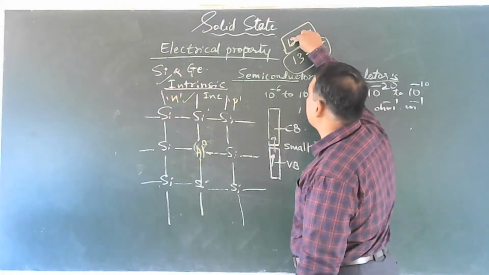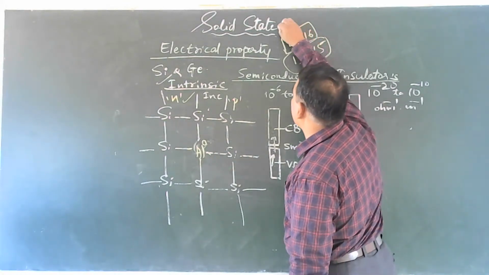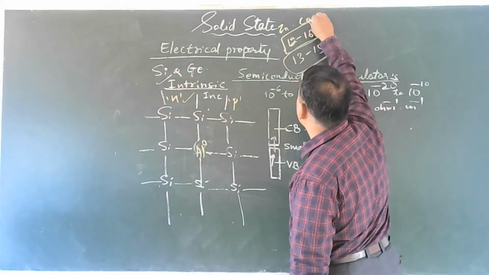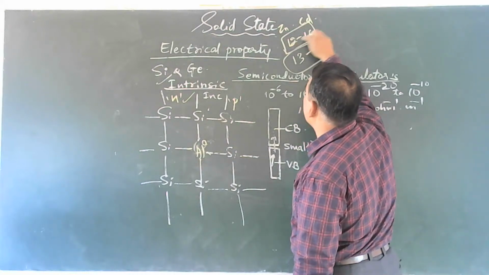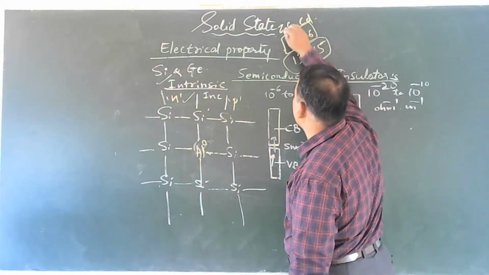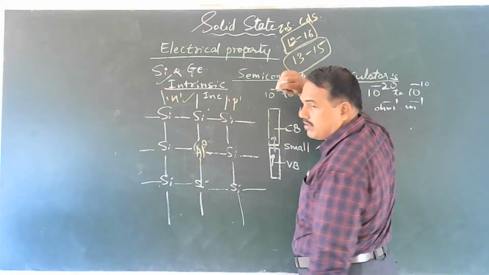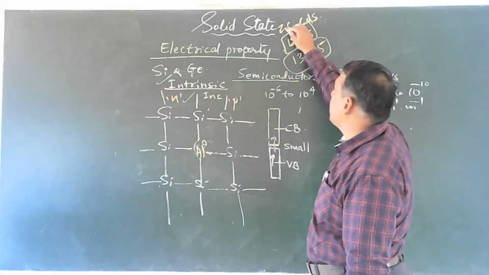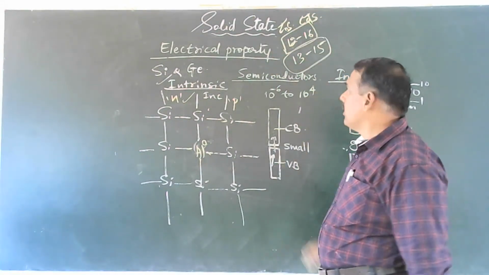Here the 12 group elements you have are zinc and cadmium. If zinc is combined with a 16 group element, oxygen or sulfur, say ZnS, again CdS, these show conductivity.